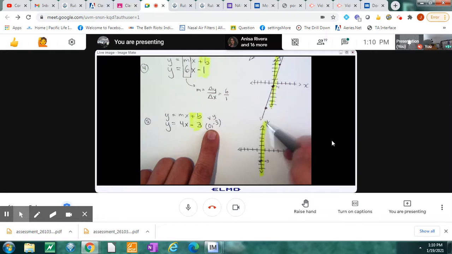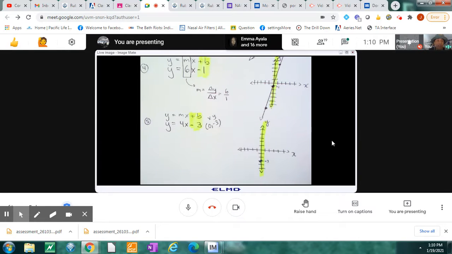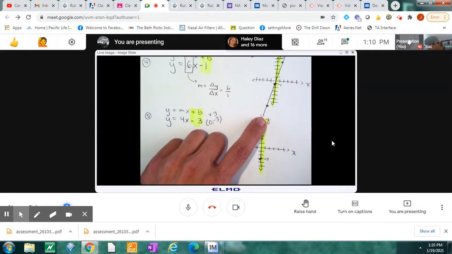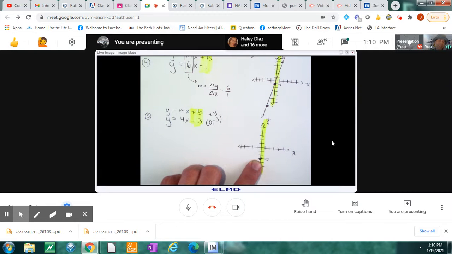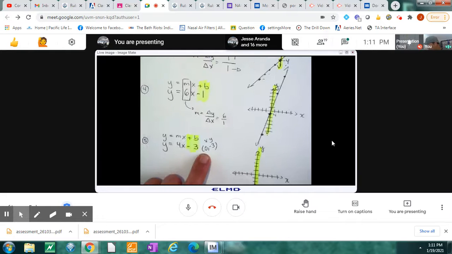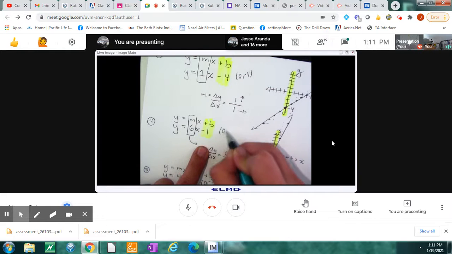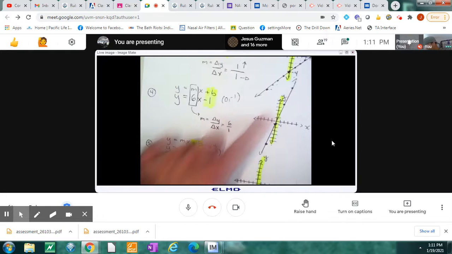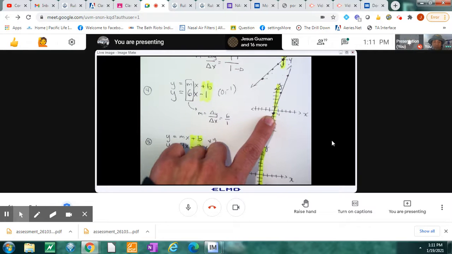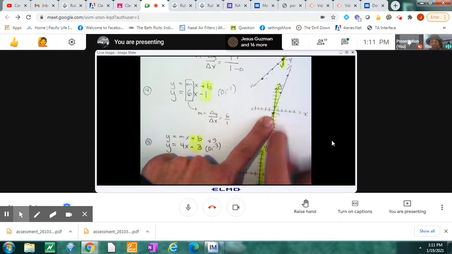If it's on the line, one of them has to be 0. So if y is your number, then x is 0. If x is your number, then y is your 0. So that's a way to remember that. But for now, we've been saying 0, like this one was 0, comma, -1. Because the y is -1, so your x is 0 because it's on the line.